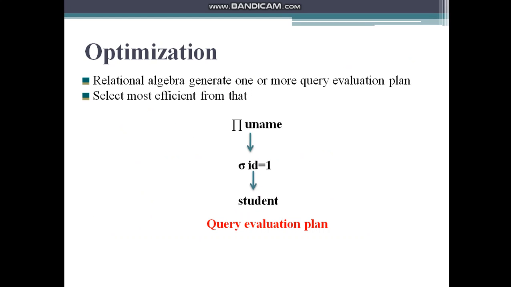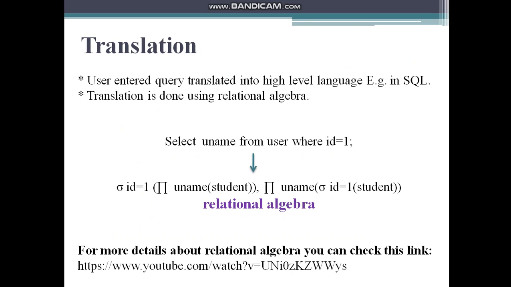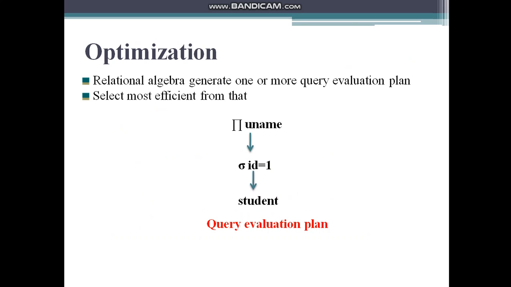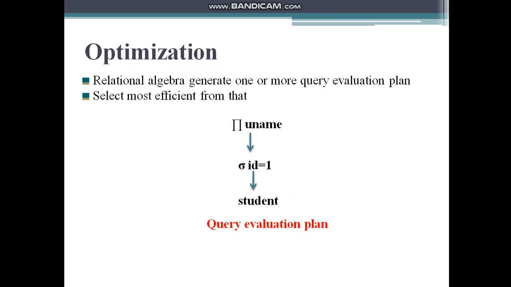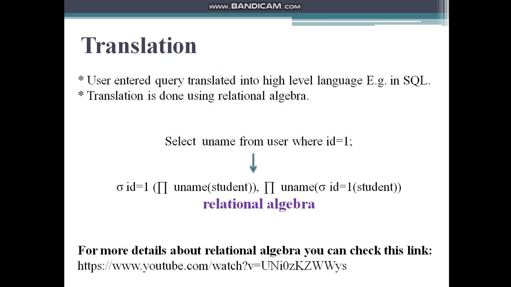The next is optimization. From these two queries, the optimizer selects the best relational algebra expression of the two. It selects the most efficient one, and after that it generates the query evaluation plan. So here you can see how the query evaluation plan is generated.